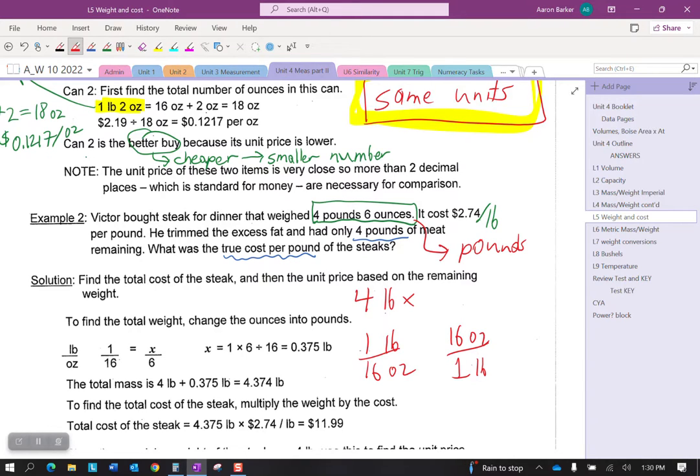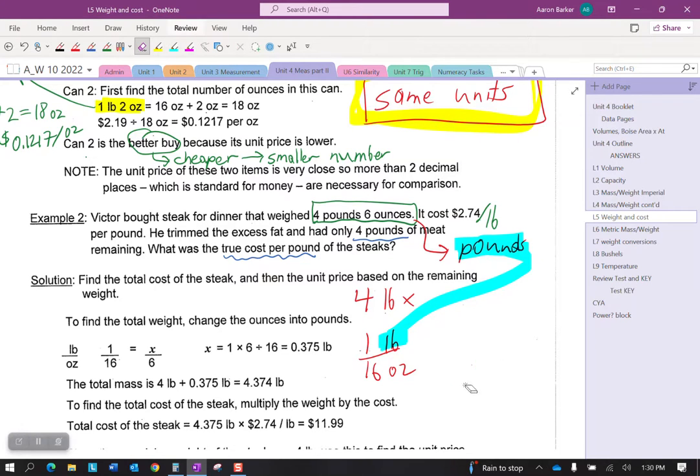So we have to decide which one should we use, 1 over 16 or 16 over 1? Well, the question is, what are we trying to find? We're trying to find pounds, so we have to use the conversion factor that has pounds on top. Okay. Which conversion factor has pounds on top? Well, it's the first one that we wrote down. So we don't need the second one.